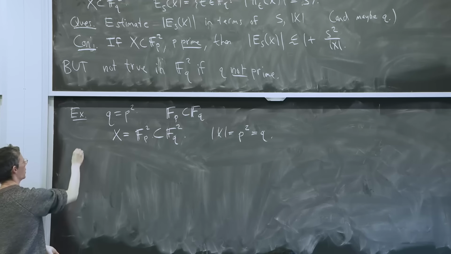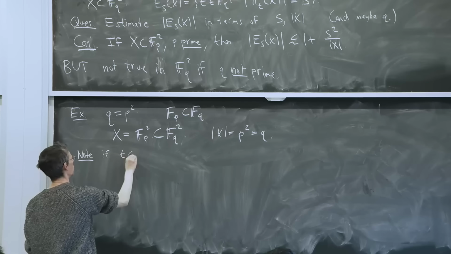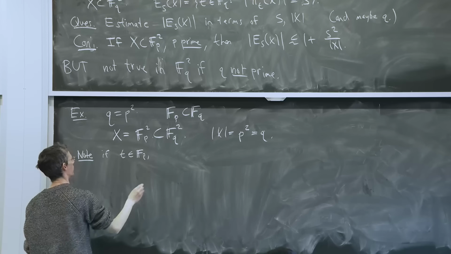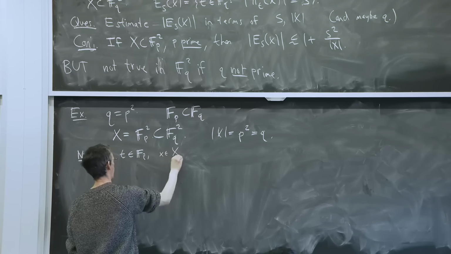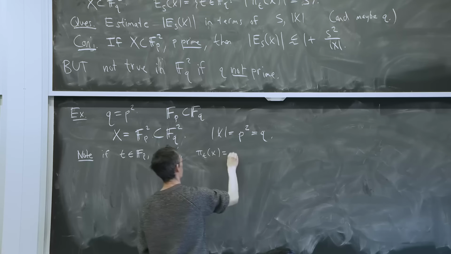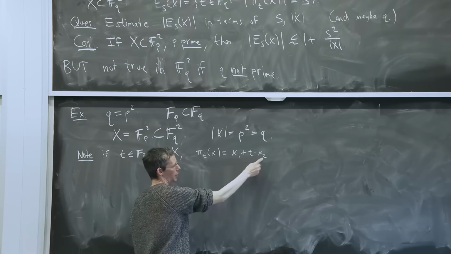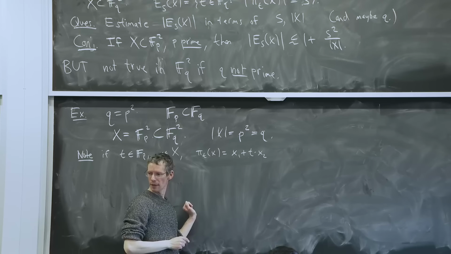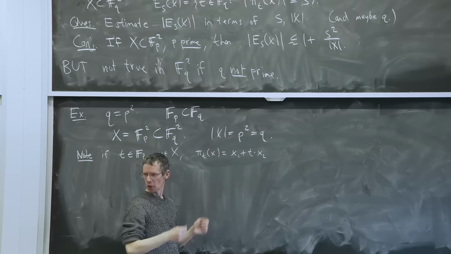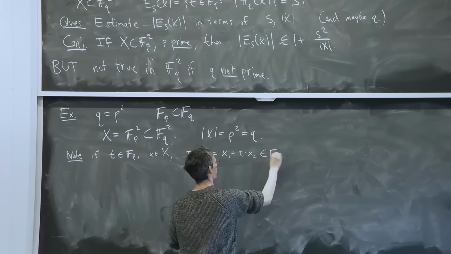OK. So now notice that if t is also in Fp, and x is in X, then pi_t of x, which is x1 plus t times x2, well, all of these characters I've assumed to be in Fp. And Fp is a field, so it's closed under addition, closed under multiplication. So this is in Fp.